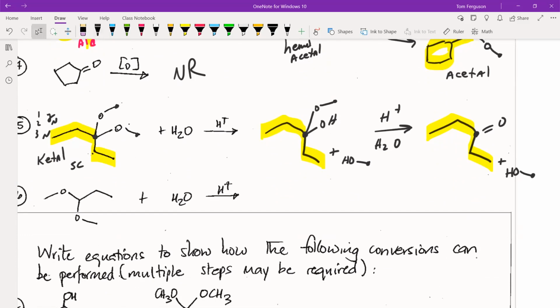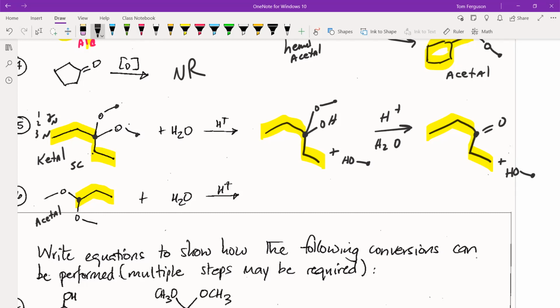And this problem here is almost exactly the same. Only instead of a ketal, it is an acetal. So we have the backbone and that carbon. So these are methyl groups also.